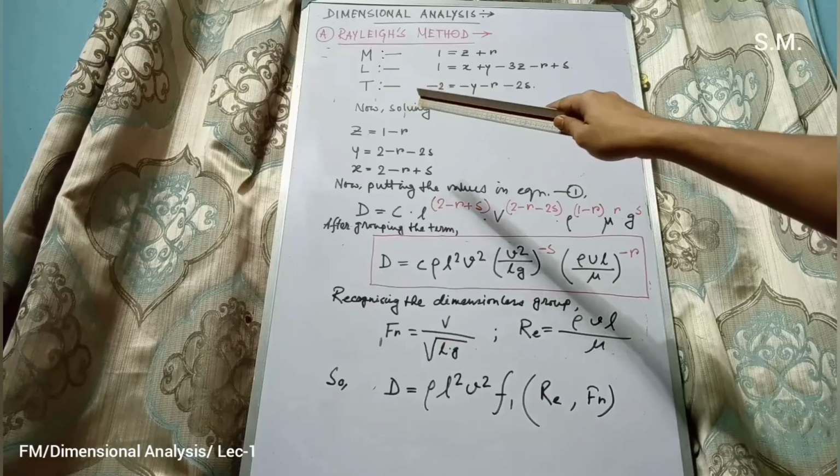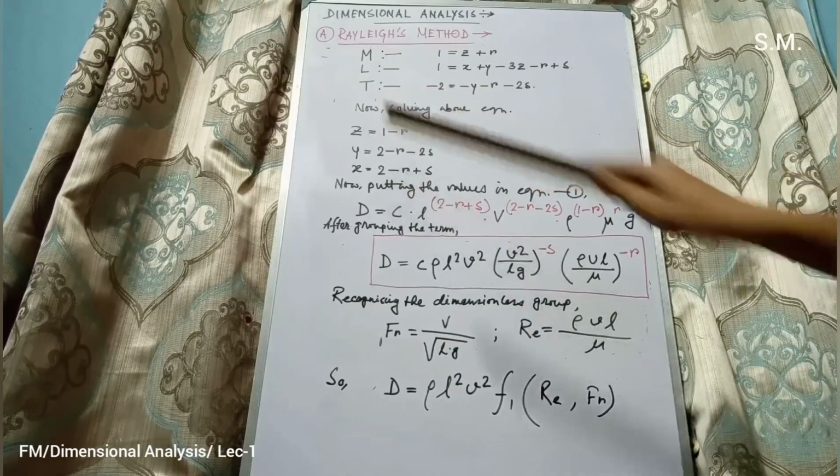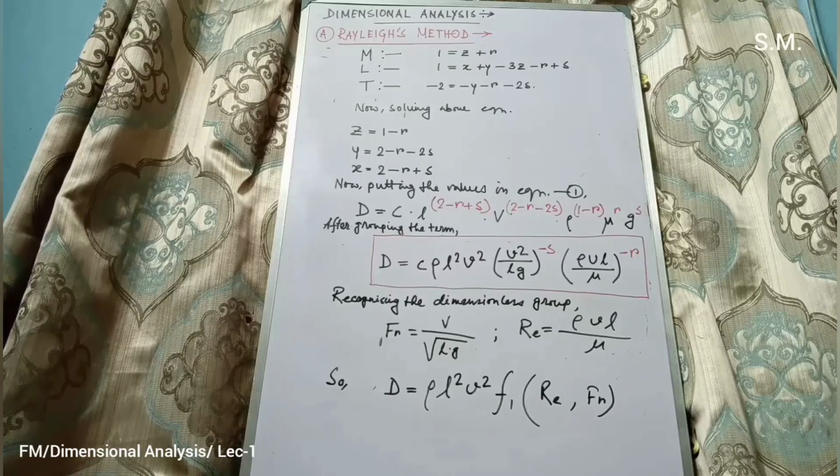Now we get the values of X, Y and Z. Now in equation number 1, in this problem, we are considering that D equals C, a constant, dimensionless constant, into L to the power X, V to the power Y, rho to the power Z, mu to the power R and G to the power S. So we are putting the values of those powers in equation number 1.